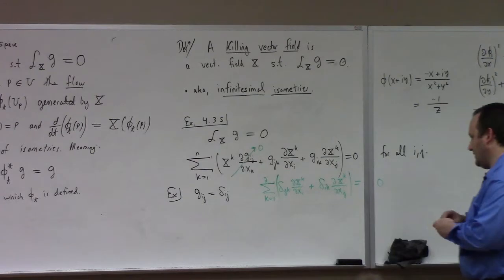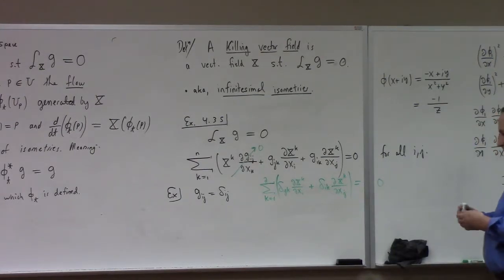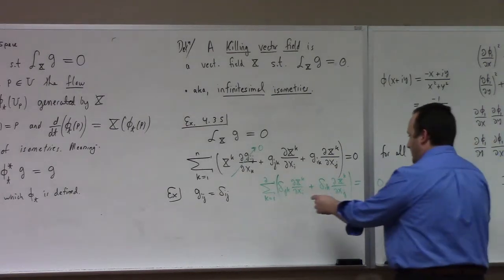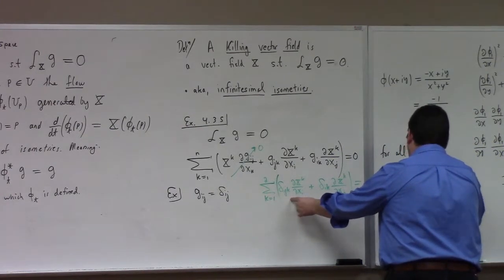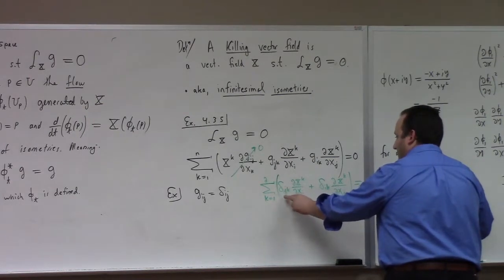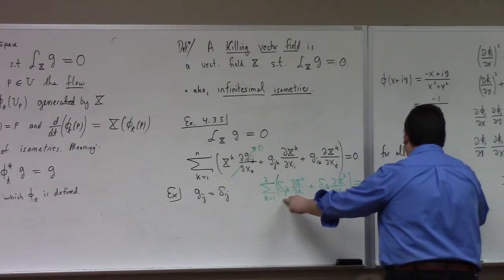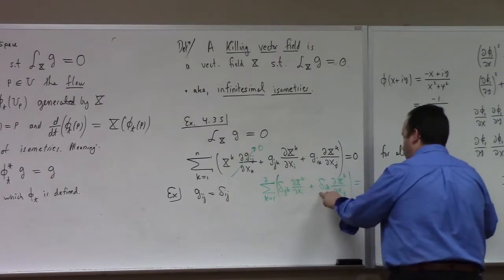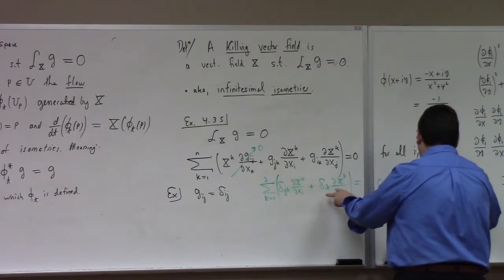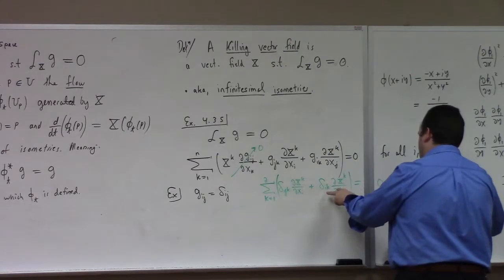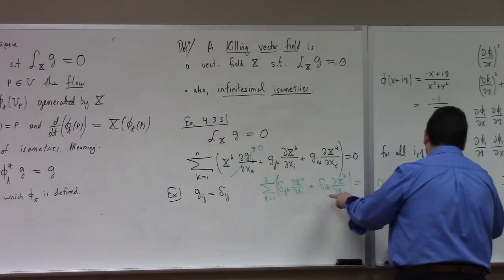Can we simplify that? Yes, because those Kronecker deltas kill the sum, and it just leaves me with partial x_j partial x_i. And over here, this kills the sum and sets k equal to i, so partial x_i partial x_j.